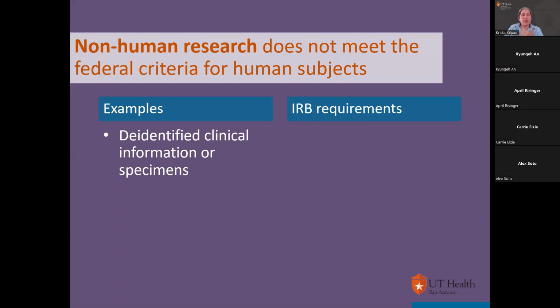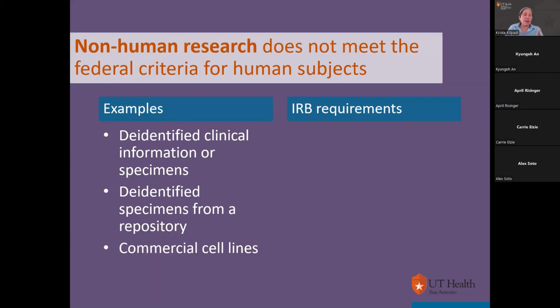Examples of these are going to be de-identified clinical information or specimens. Like I said, if you're not looking at identifiable information on these, then it's not considered human research under the DHHS definitions. And again, if you're using de-identified specimens from a repository, same thing. If you don't have any identifiers, then you probably can do the research under non-human research.